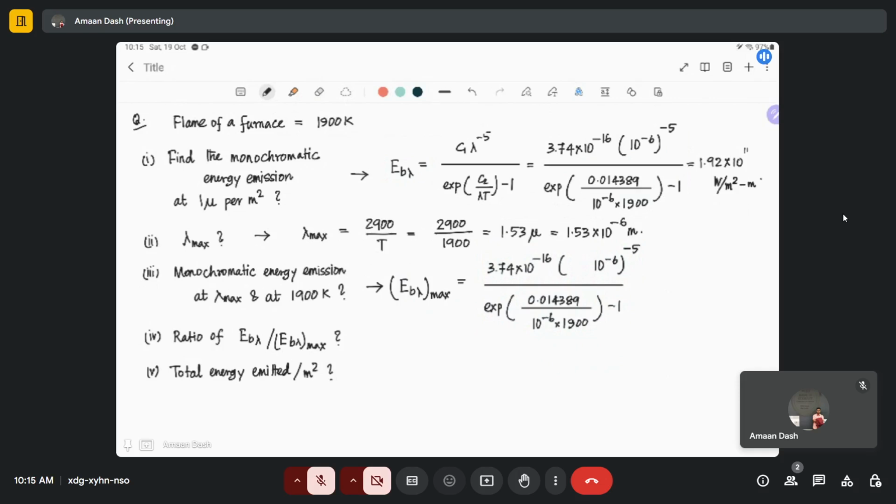So here it will be 1.53 times 10 to the minus 6, and here also 1.53 times 10 to the power of minus 6.